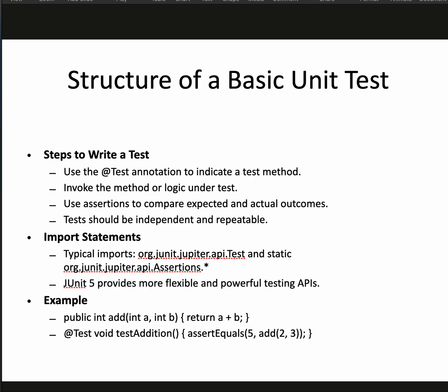These tests should always give the same result when run multiple times with the same input. That's what makes them reliable and trustworthy. Once written, the test runs automatically with no manual work needed. JUnit handles the execution, checks the results, and tells us what passed or failed.